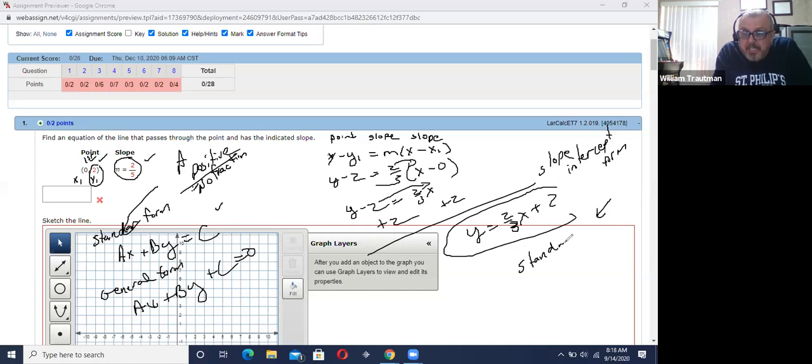I mean, you may get this answer, but are you able to change that to standard form? What does standard form for that look like? Anybody want to type it into the chat box? How do you change that to standard form?